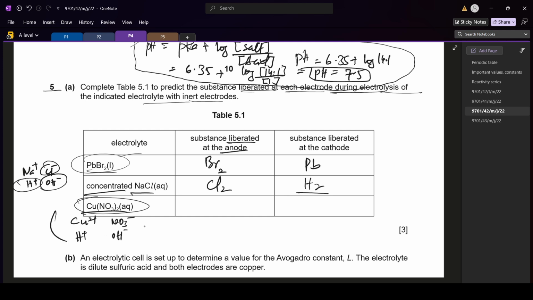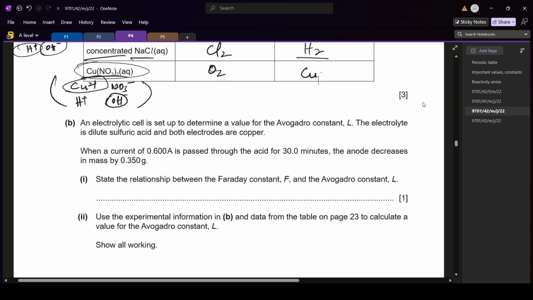Here the OH ions are in greater concentration because water is in excess. So the OH ion will go to the anode and form oxygen, and on the cathode we see reactivity like we did for concentrated NaCl. Copper is less reactive, so copper solid will be liberated.